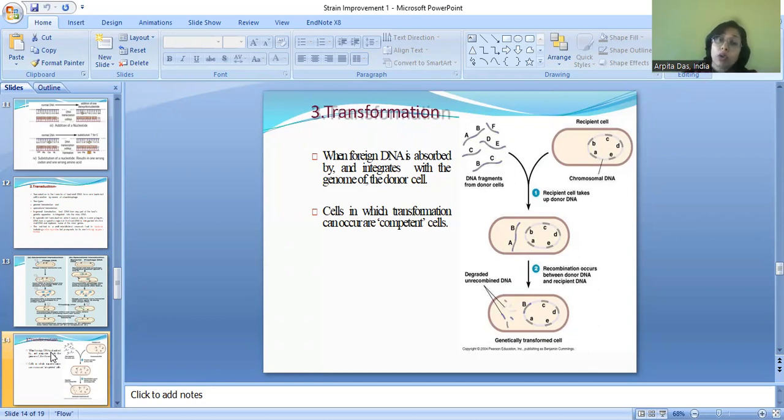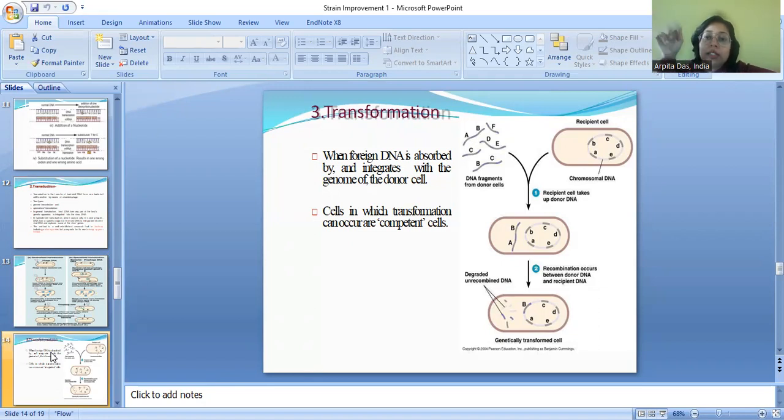Not all microorganisms are capable of taking this naturally degraded DNA from the environment. The microorganisms that are capable of this are called competent cells. So only competent microorganisms can absorb this single-stranded DNA from the environment.